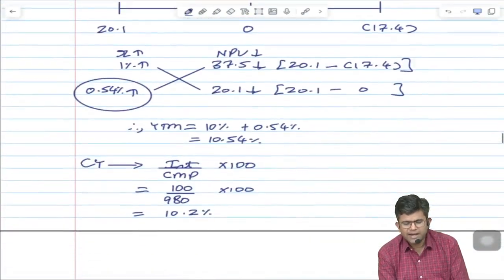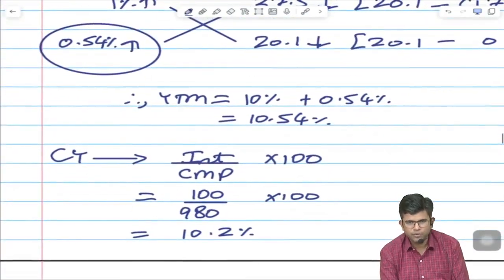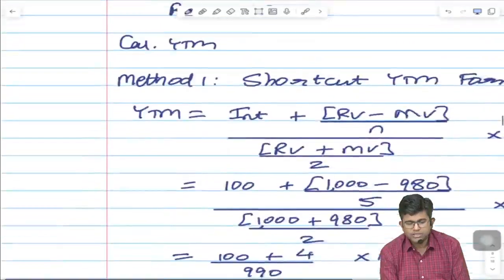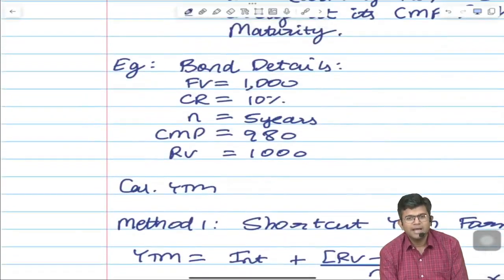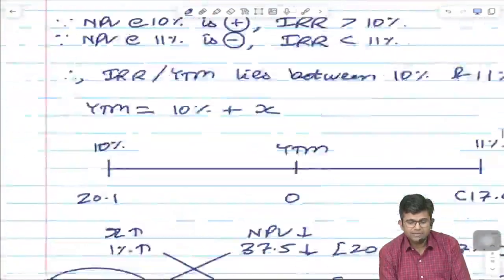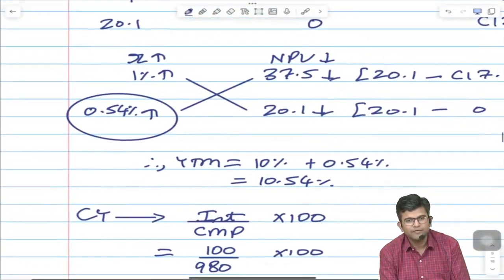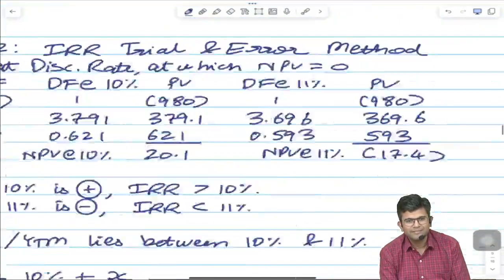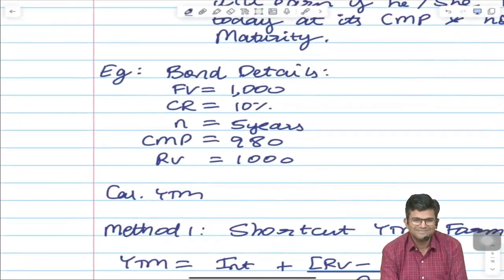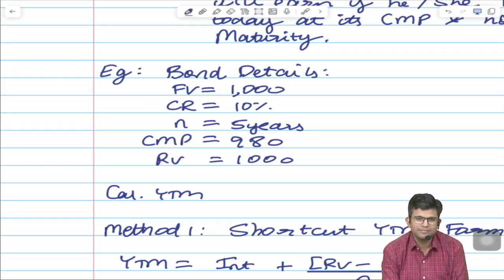It is not that YTM is 10.54% because the price is 980. The real explanation is reverse. It is because the YTM is 10.54% that the price is 980. Again, it is not because of the price being 980 that YTM is coming to 10.54. In fact, it is because the YTM is 10.54, the price is 980.